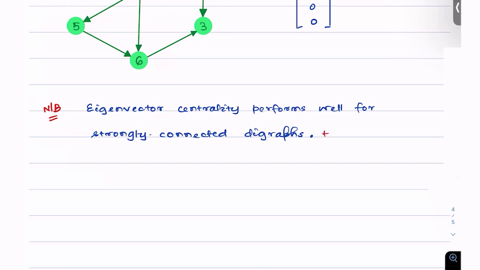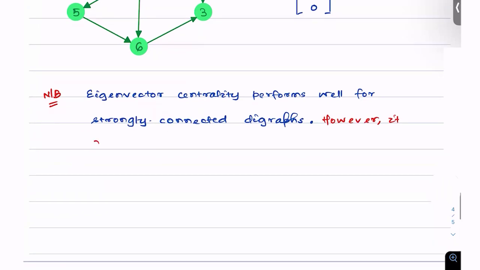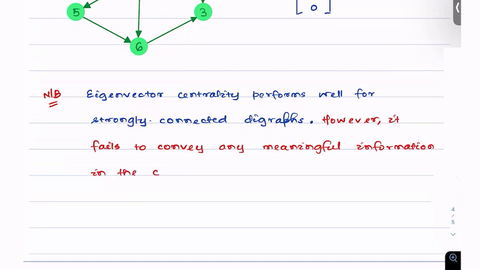However, it fails to convey any meaningful information in the case of acyclic networks.